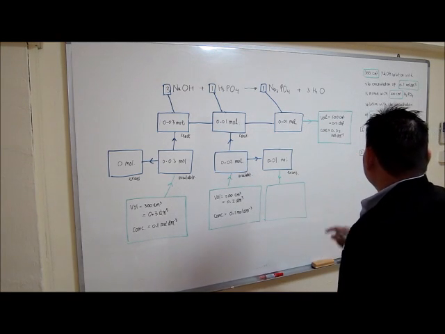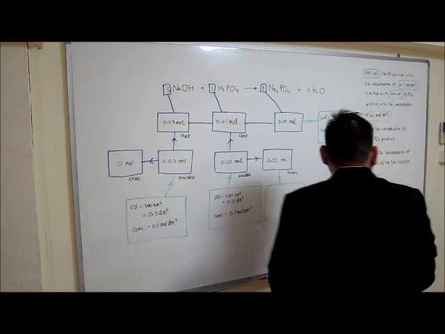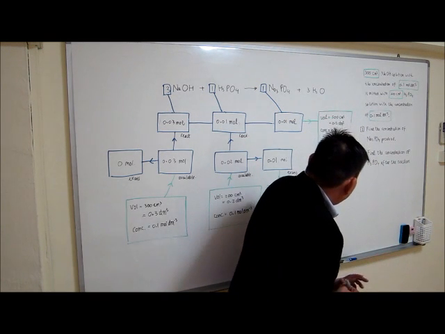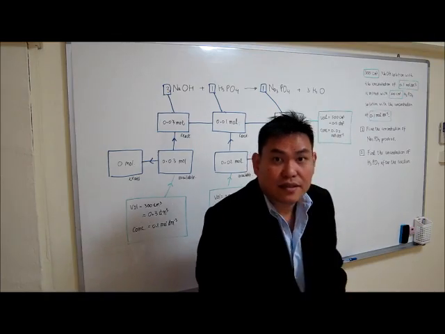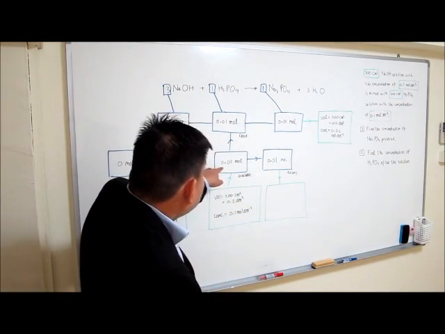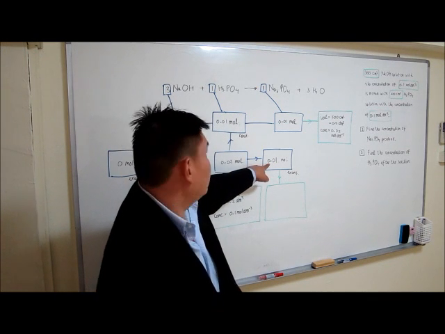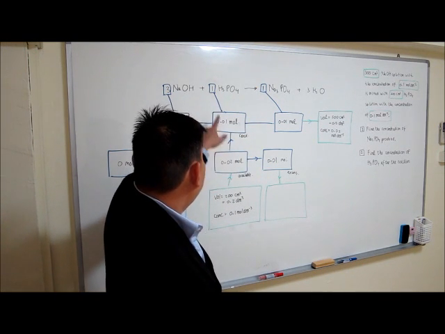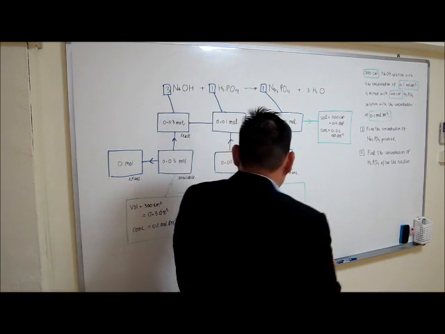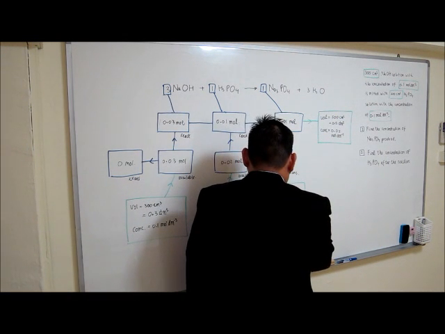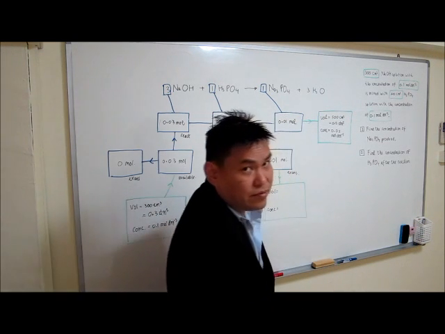Yes. So that is our answer for question number 1. For question number 2, they ask you to find the concentration of H3PO4 after the reaction. Also quite simple. We already find that we have 0.01 mole of phosphoric acid after the reaction. So we are going to use the same formula.